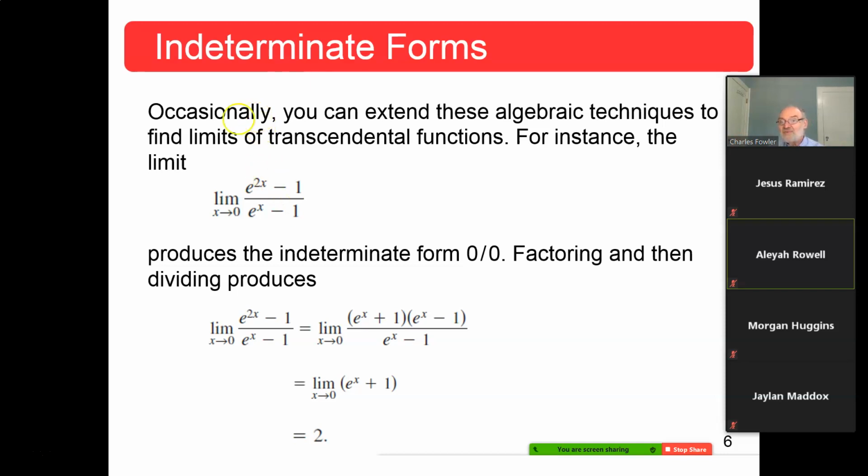But this could be written as e to the x squared minus 1 over e to the x minus 1. This is e to the x plus 1 times e to the x minus 1. This cancels the second one out. You get e to the x plus 1, and as x goes to 0, that would be 1.